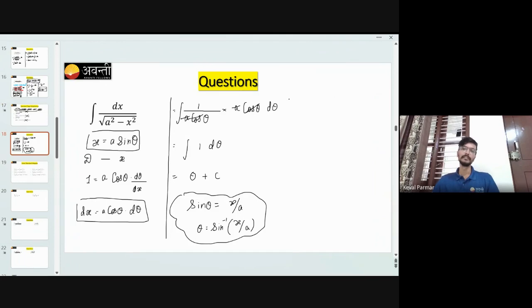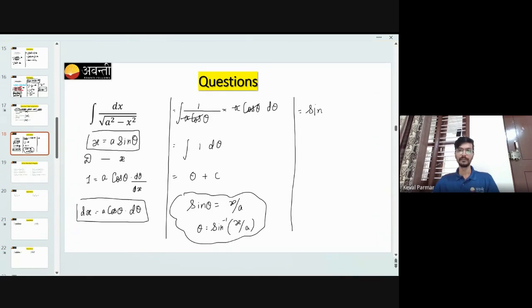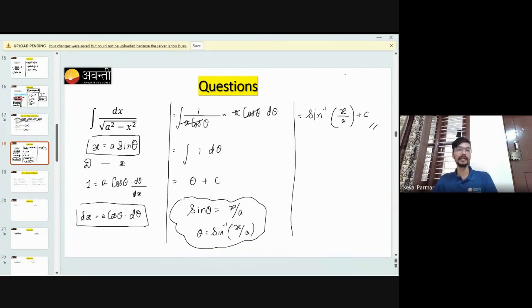So that means my final answer will be sine inverse x upon a plus c. Simple. For this, as we did this, there are more questions like this, and you can do similarly by using the standard trigonometric substitution. Got it?